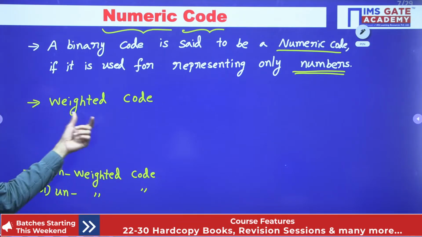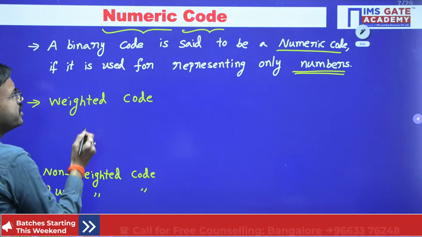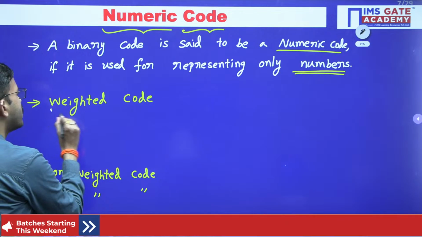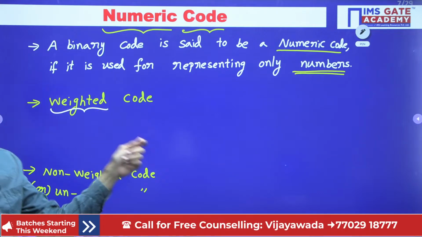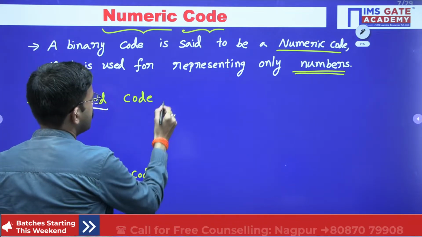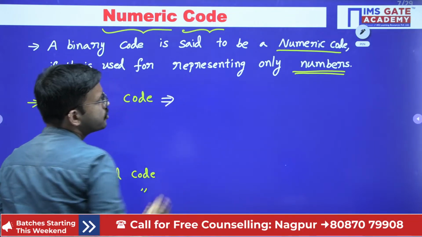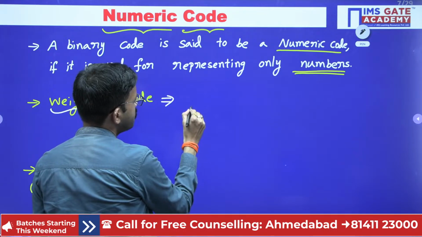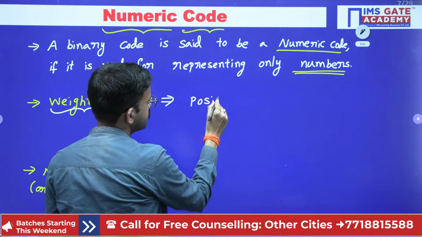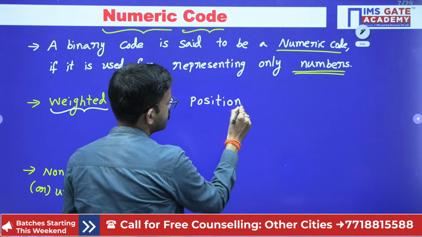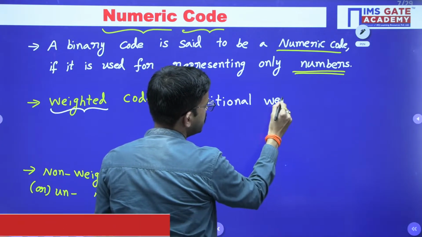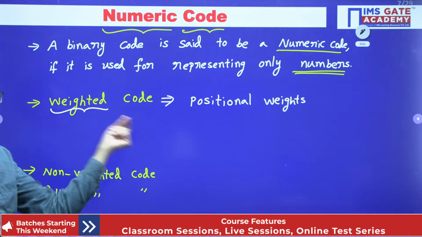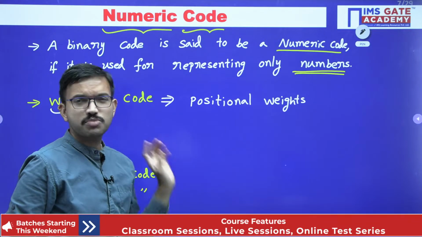So here you have a numeric code, and that numeric code we can call a weighted code. Here you have the term weighted, which means you have positional weights. A numeric code is said to be a weighted code if it has positional weights. For every digit, according to the position, you will have the corresponding positional weight.